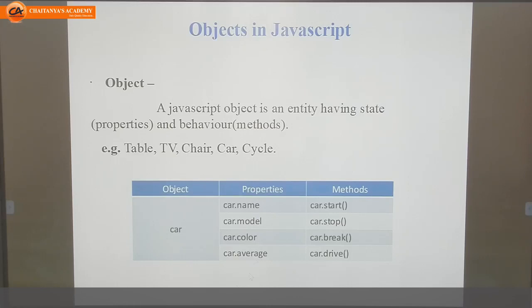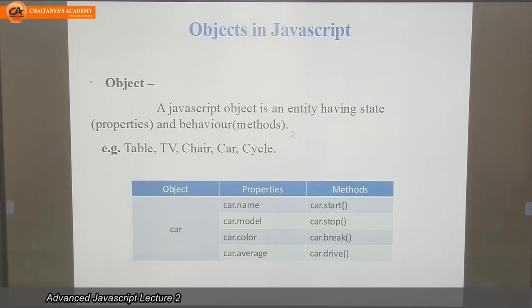So these are the properties. And methods mean behavior. The car can start, can stop, can use brake, can drive. So these are the methods of this object. So did you get what is meant by object? An object is any entity having state, meaning properties, and behavior.